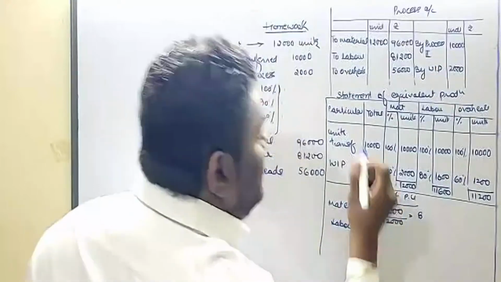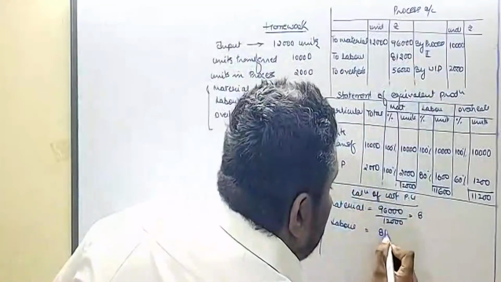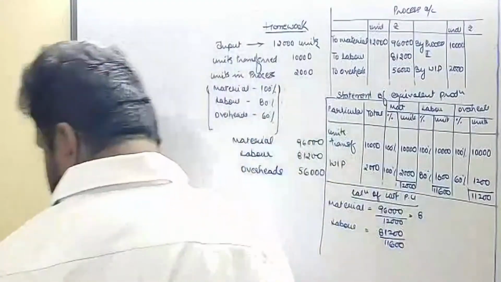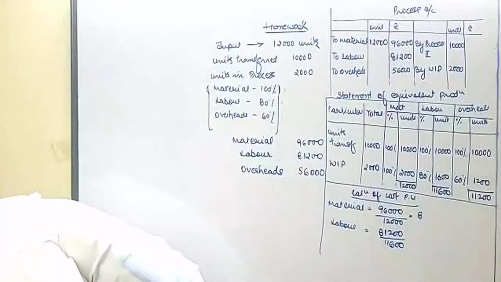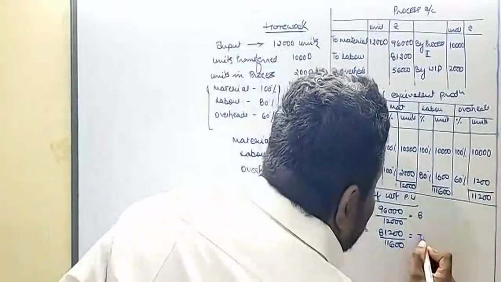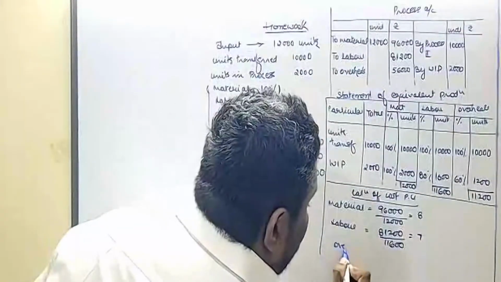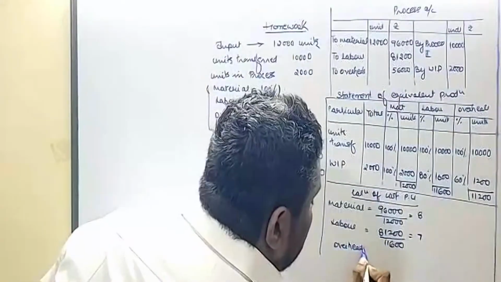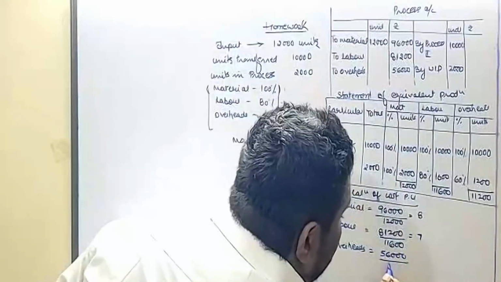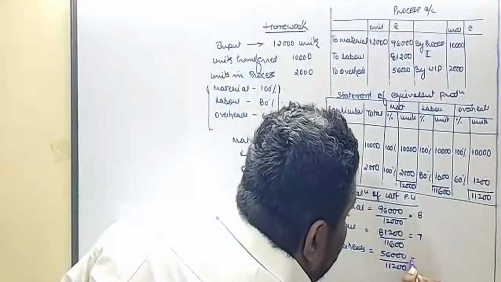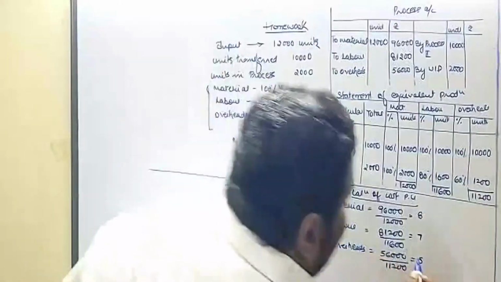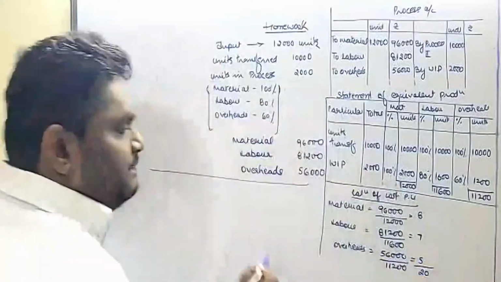When talking about labor cost, the cost is 81,200 divided by 11,600. So the cost will be 7. And when talking about overheads, the cost is 56,000 divided by 11,200. So this will be 5. So my total cost will be 20.